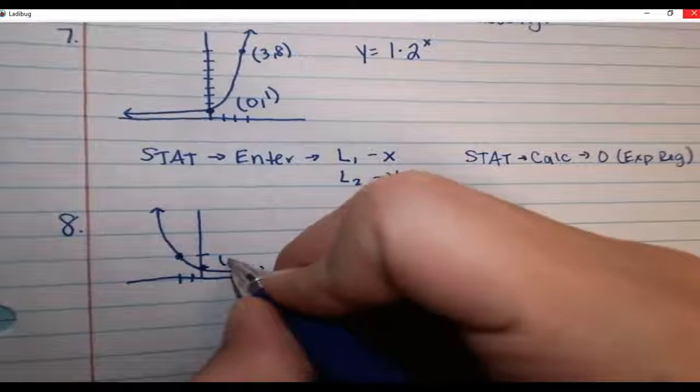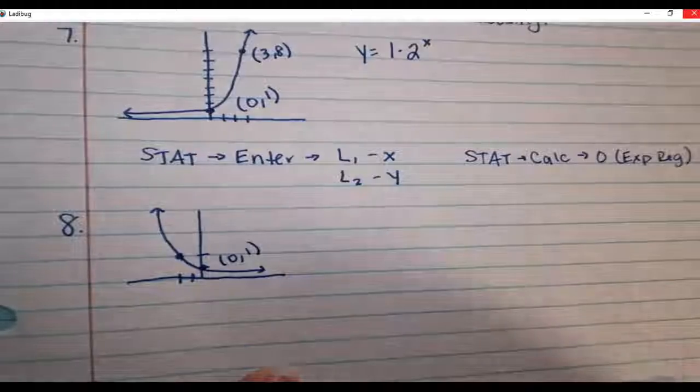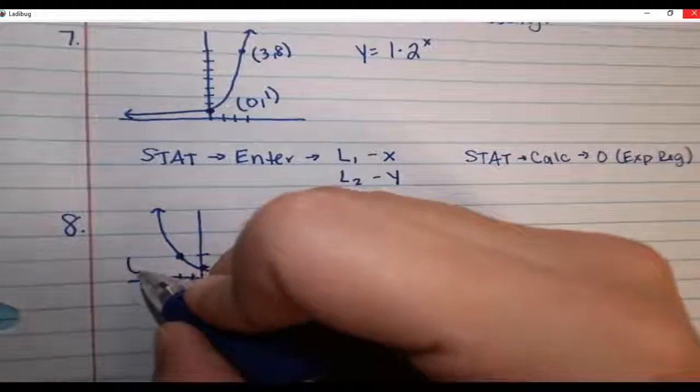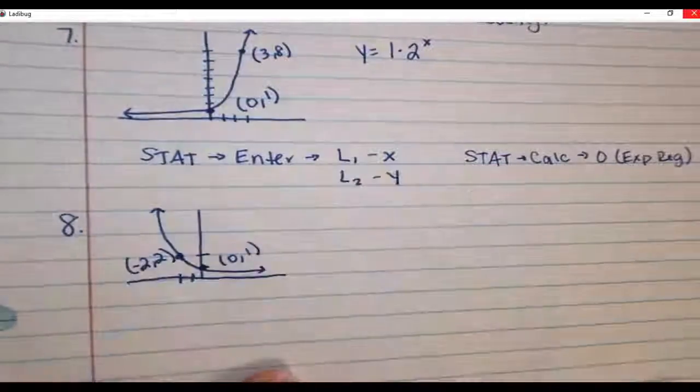So I got 0, 1 again. Good. And -2, 2. So we type them in.